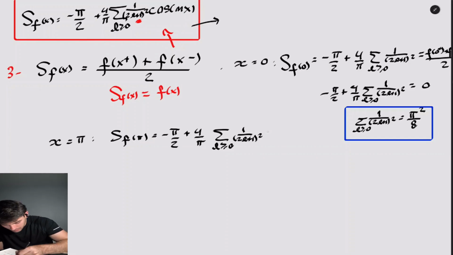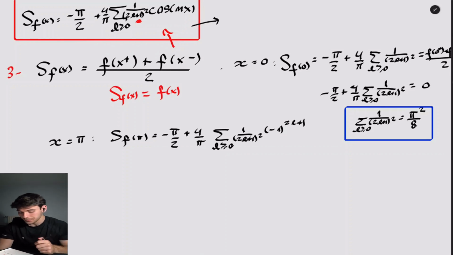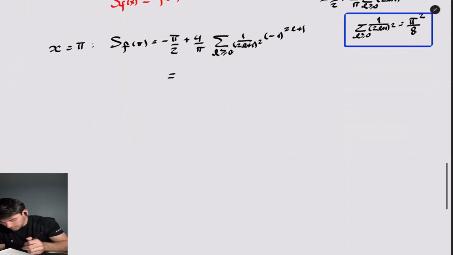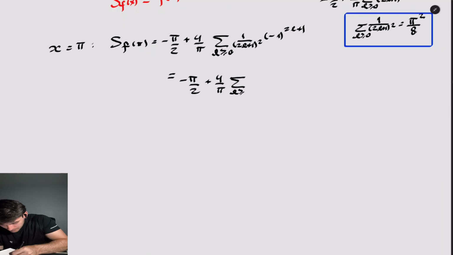And here we have cosine of n pi. Let's put minus 1 to the power of 2L plus 1. Okay. And well, that's equal to minus pi divided by 2 plus 4 divided by pi. The sum that we want.